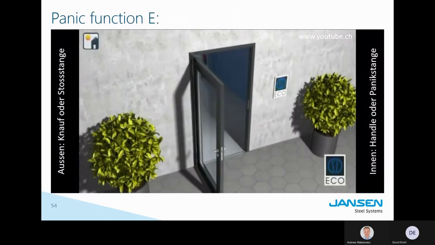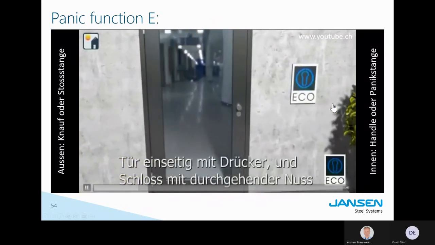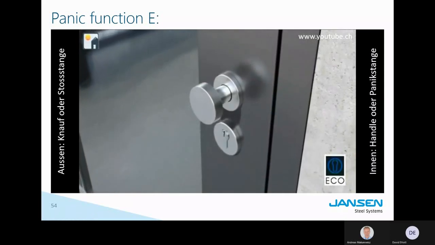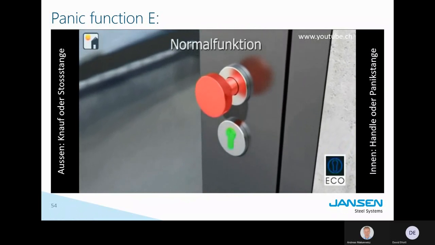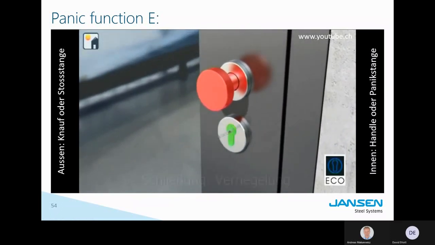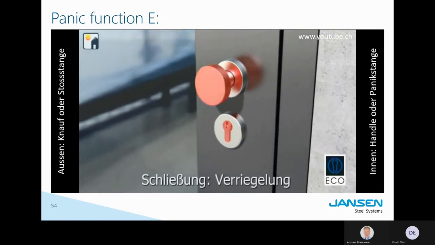And you see the knob on the outside when we lock the door. The normal function means you can get in, even if it's unlocked. And the knob doesn't do anything, but you can lock it from the outside. Now what happens on the inside?